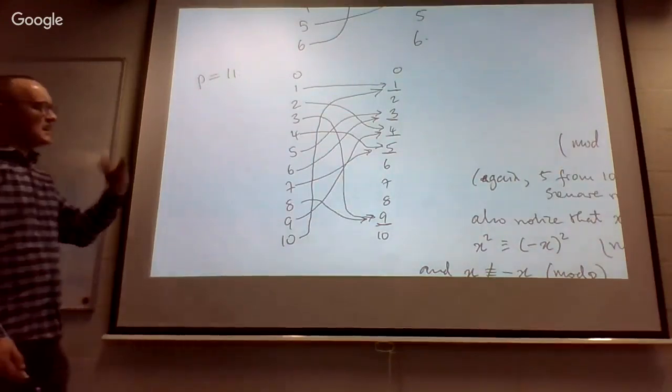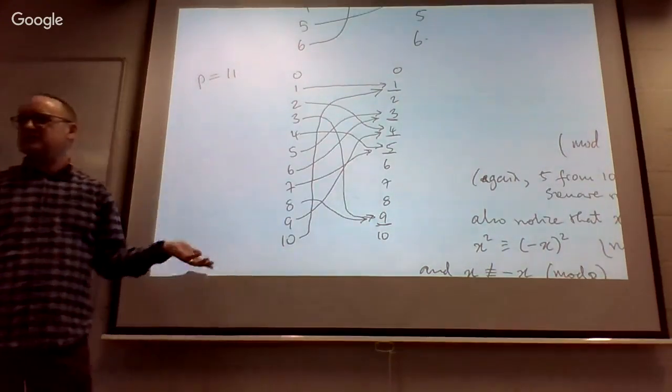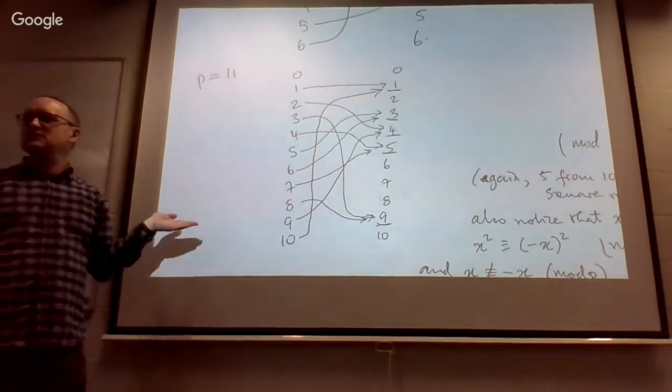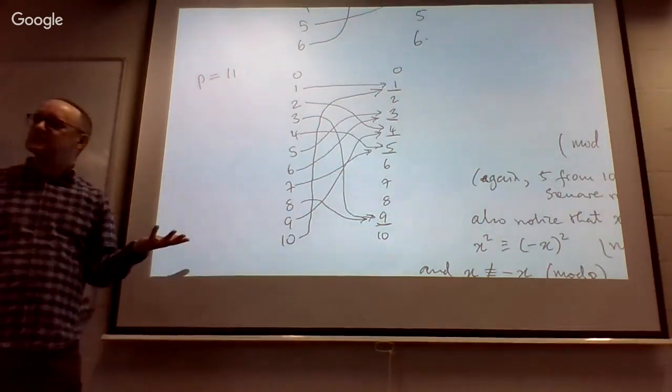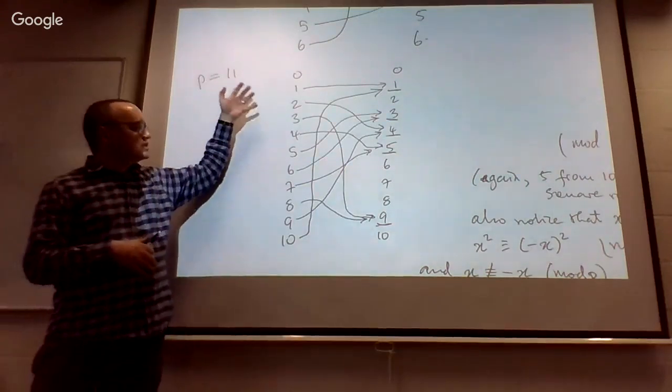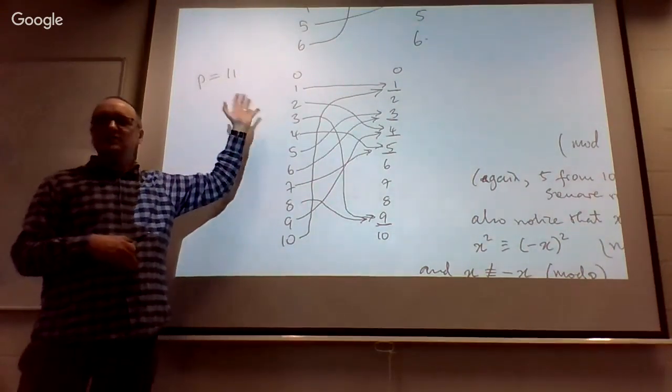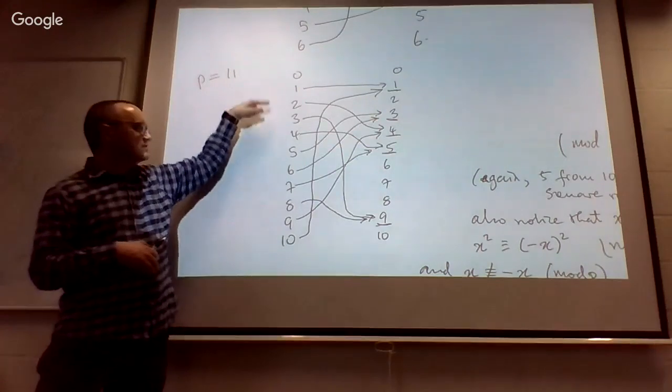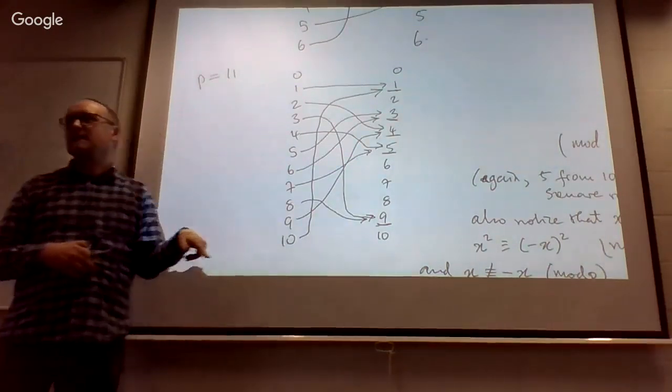So there's no immediate natural sense of positive things and negative things modulo p. You just have things that you can add and multiply. But there's no immediate classification of, oh, these ones are positive and these ones are negative.